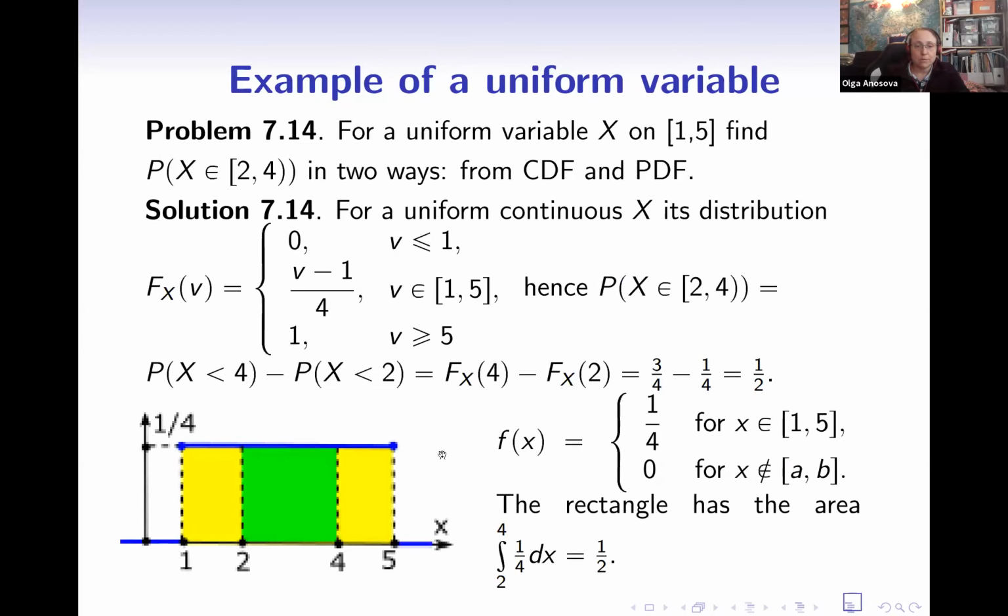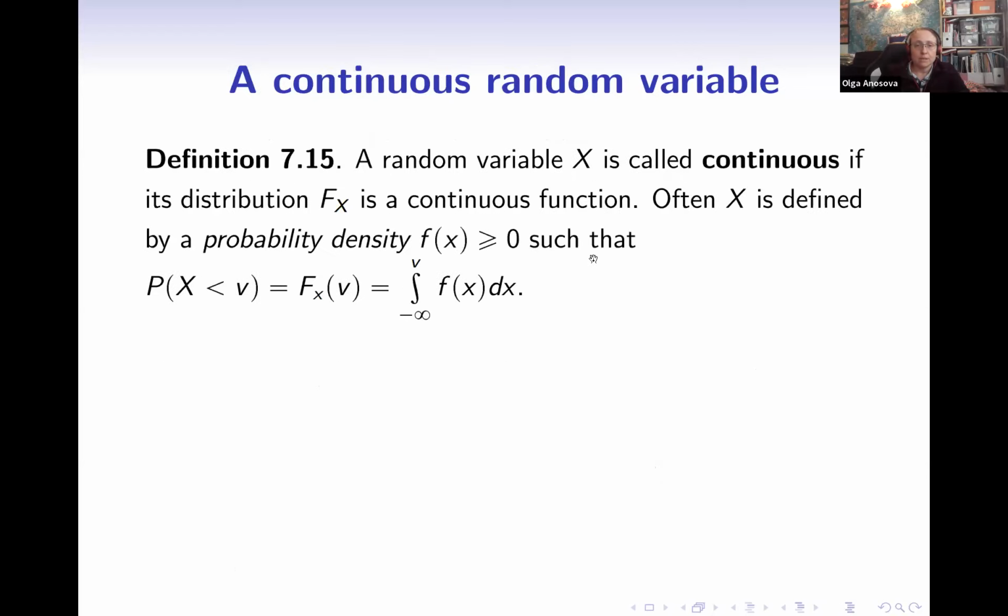It was a sort of step function here. But the CDF, the distribution function, is a continuous function. And then quite often we also get a density function because, well, it's picturesque and we can define it.